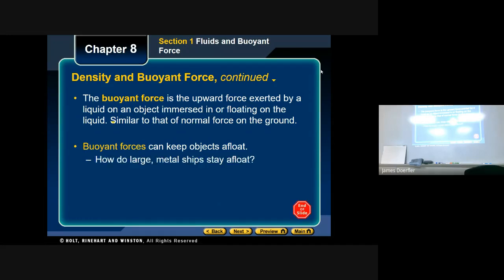So how do large metal ships float? Cargo ships, or military ships. These are floating cities, aircraft carriers. How do they float? We're talking about tons and tons of thick steel. Displacement. What is displacement?